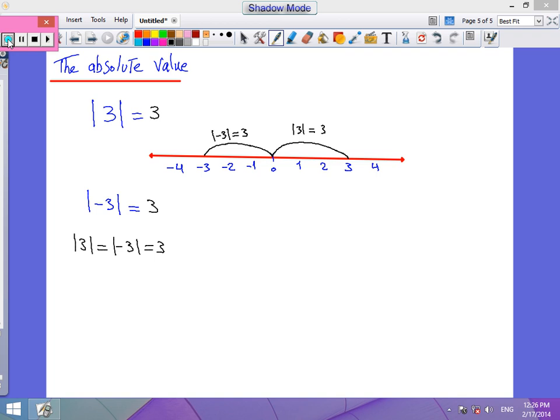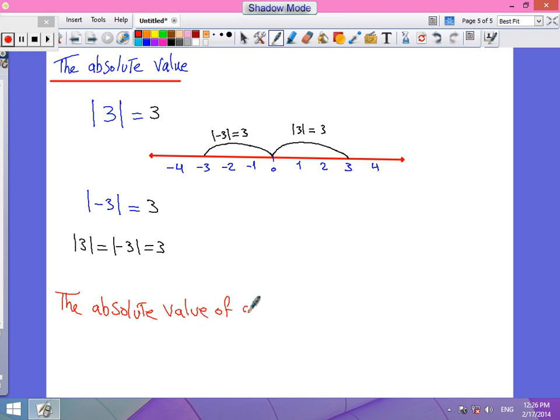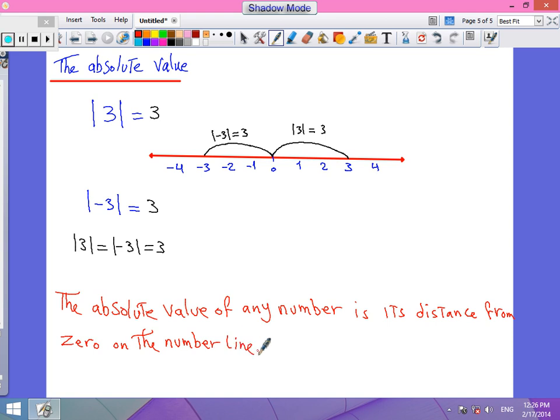Okay? In general, the absolute value of any number is its distance from 0 to the number on the number line.